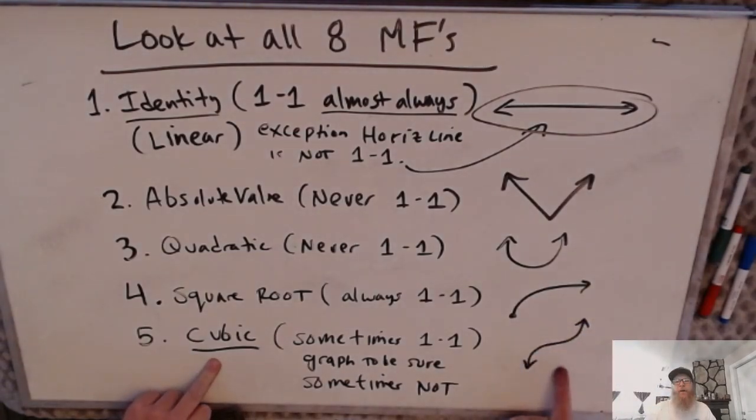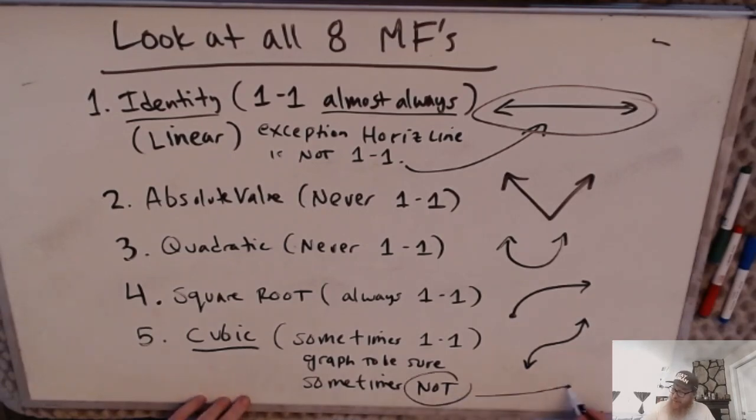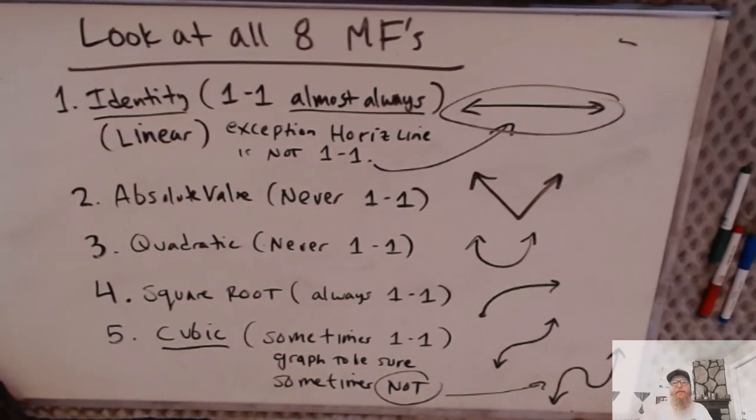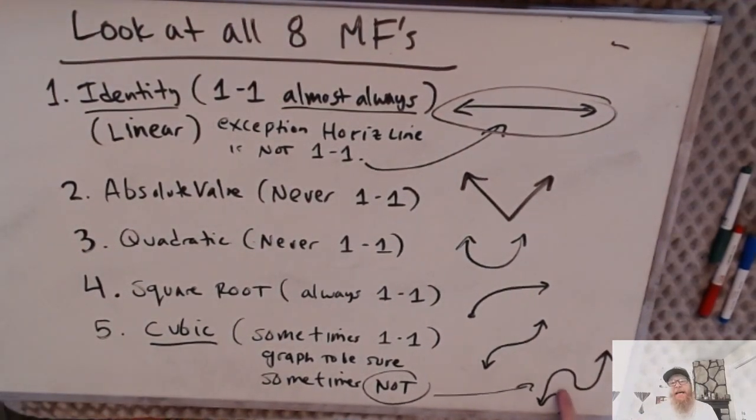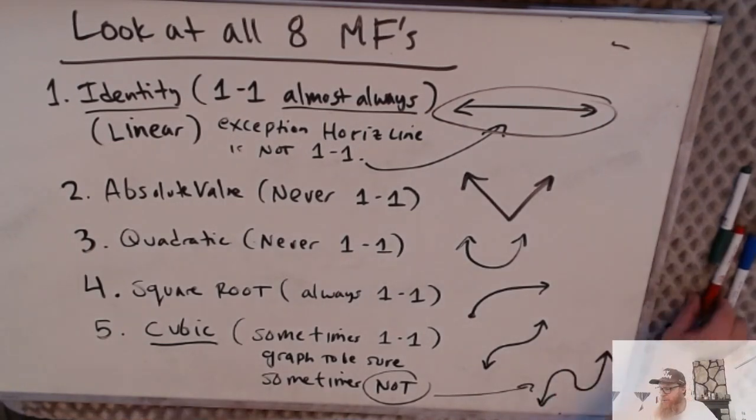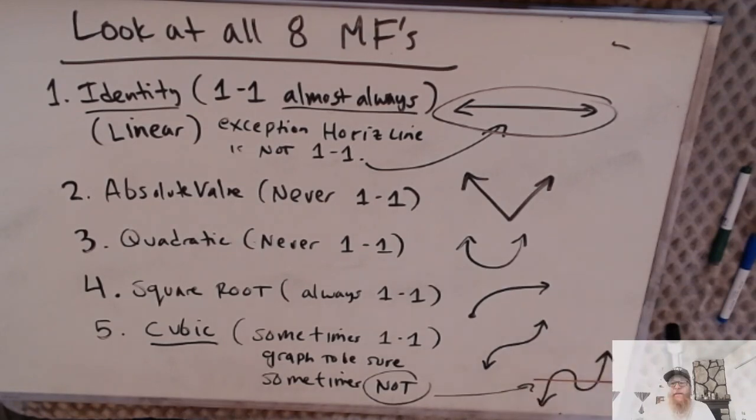That would be the one-to-one version, but sometimes it's not. Sometimes it looks like this. And if, like in the example we just did, the cubic does a double turn like that, it's not going to be one-to-one. All right, that would be the violation.